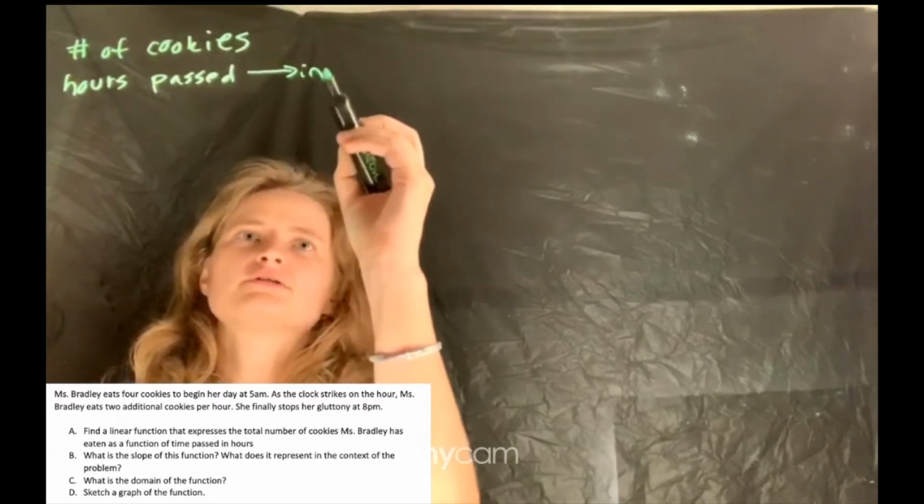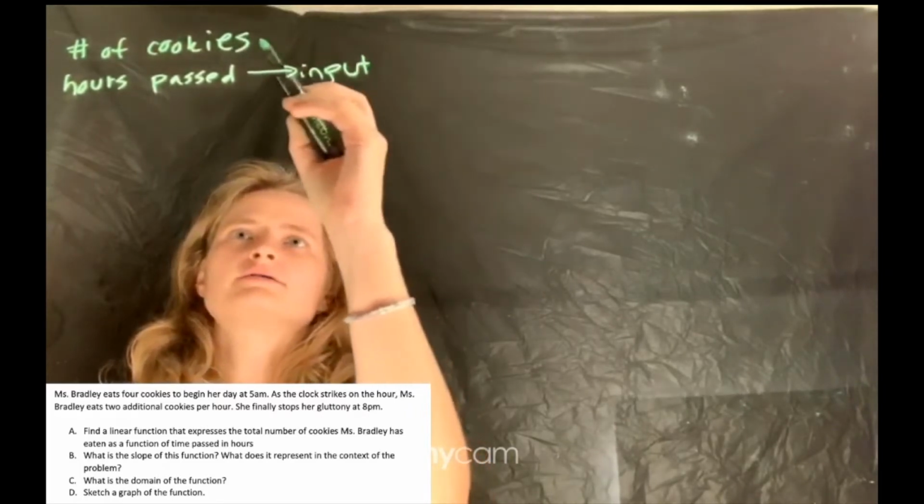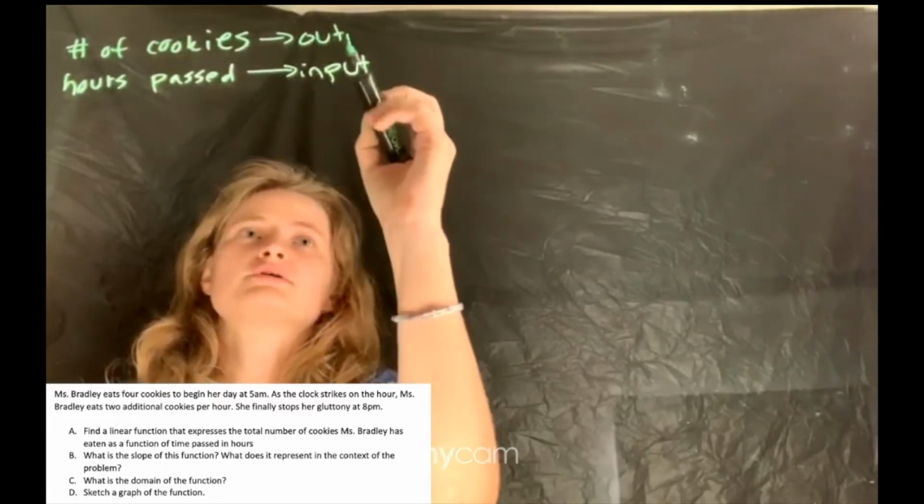Okay, let's start with A. We want to find the total number of cookies eaten as a function of hours passed. Because we're looking for the number of cookies as a function of hours passed, that makes hours passed the input and number of cookies the output.